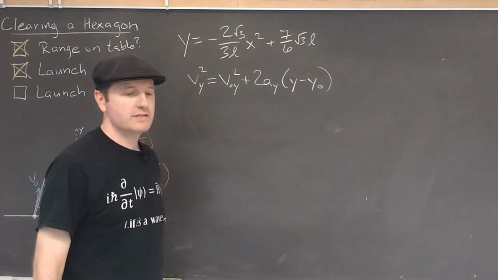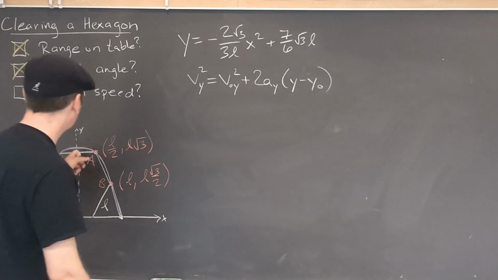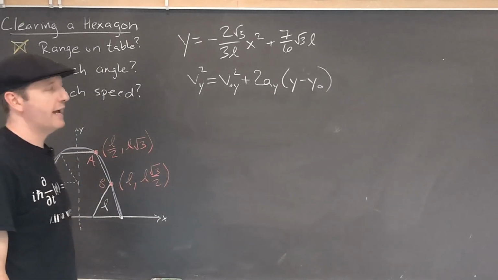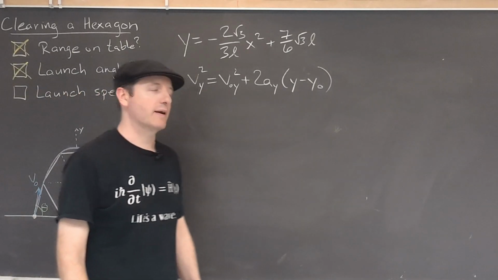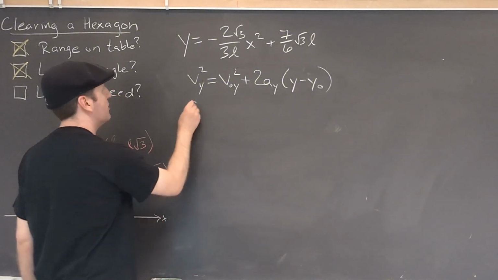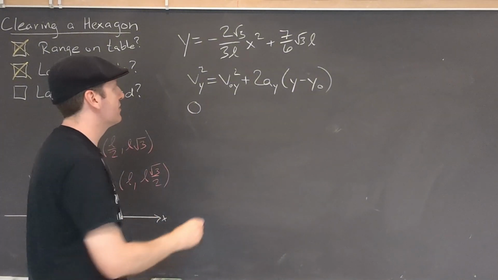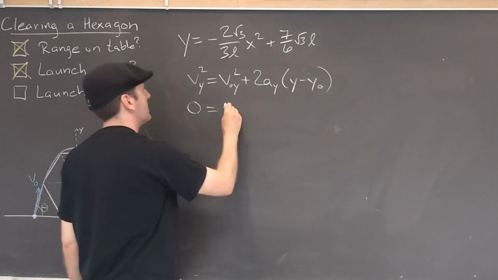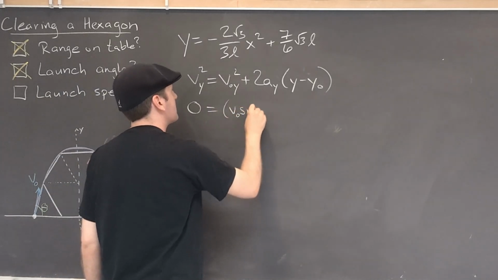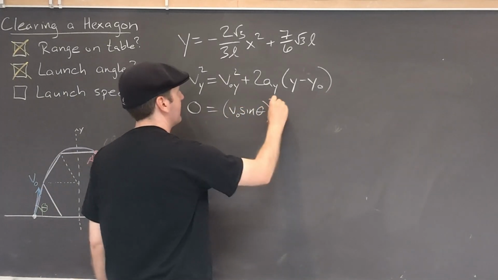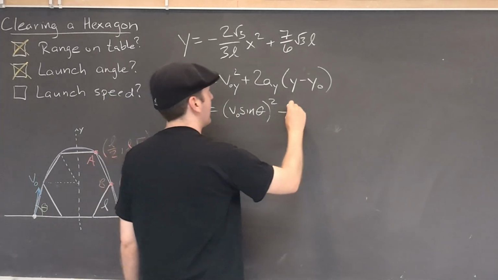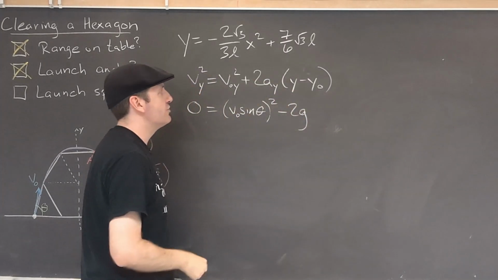The Vy here means the velocity in the y direction, and I'm just going to compare what's going on initially to what's going on at the vertex of this parabola. At the vertex, we know that the vertical velocity is 0. The initial velocity is just v naught sine of the launch angle, and don't forget that's going to be squared. And the acceleration, of course, is negative g.